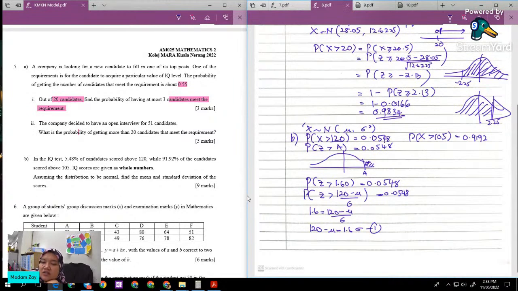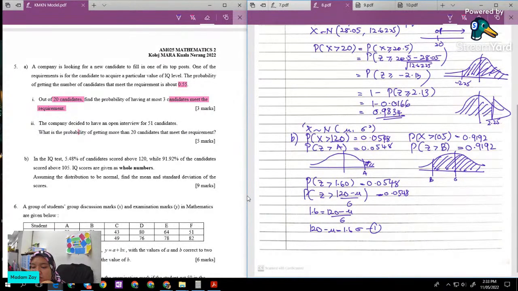Second equation untuk yang second statement. Dia kata X more than 105. Okay, so probability of Z more than this B value is 0.9192. So, kalau atas graf, kat mana nilai B tu? Kiri ke kanan? Mestilah kiri. Sebab apa? Probability dia more than 0.5. And then kita nak cari kawasan yang di belah kanan dia.